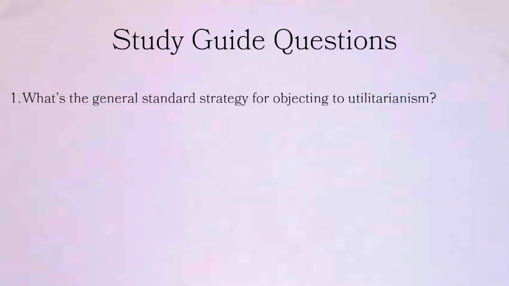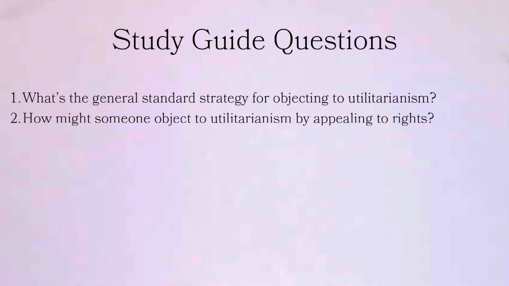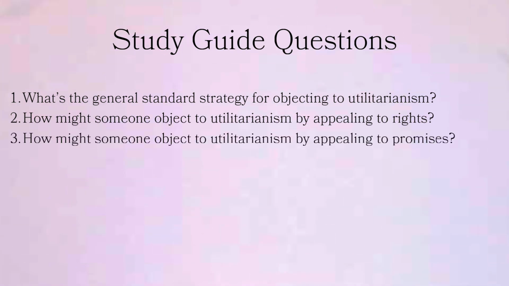Let's talk about some objections to utilitarianism. Here's some study guide questions. 1. What's the general standard strategy for objecting to utilitarianism? 2. How might someone object to utilitarianism by appealing to rights? 3.